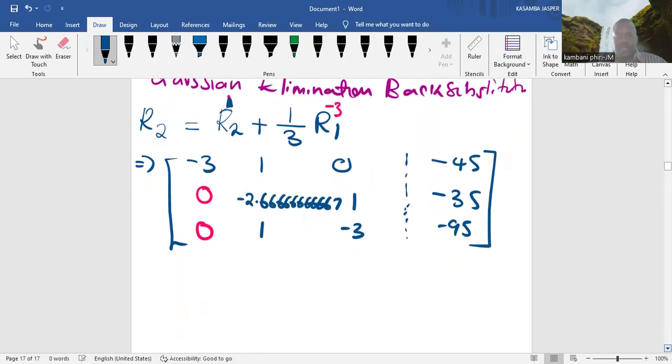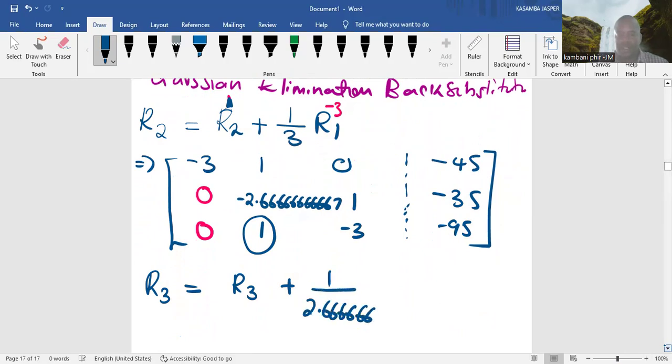Then we change this, we convert this to 0. So we'll say row 3 is equal to row 3 itself plus 1 divided by 2.6666667 times row 2.